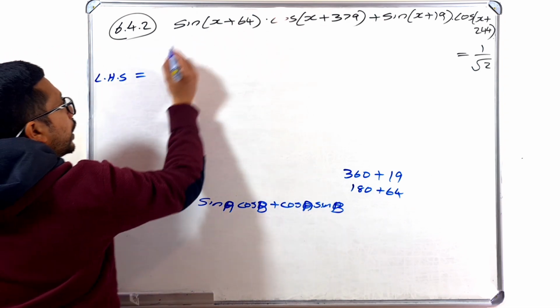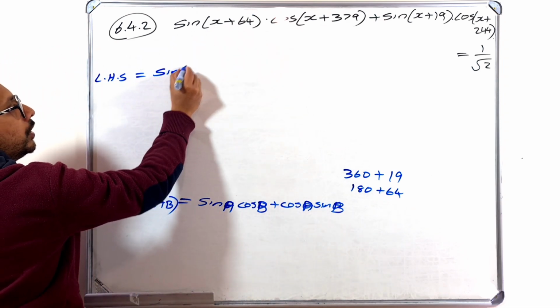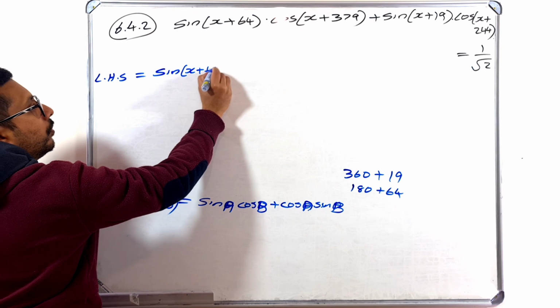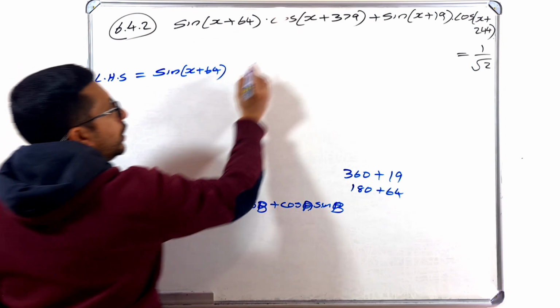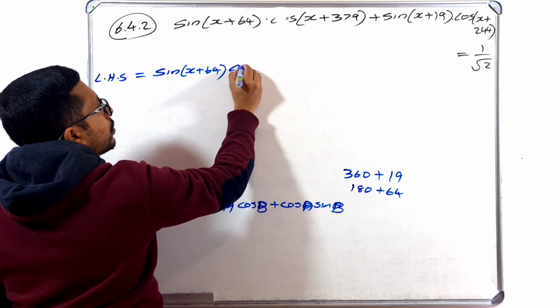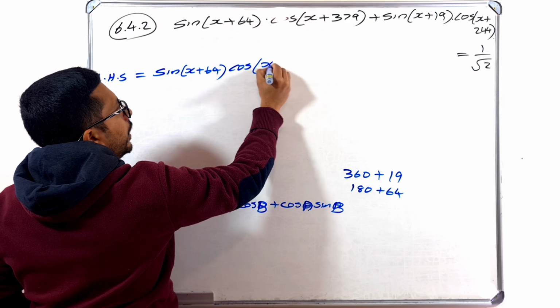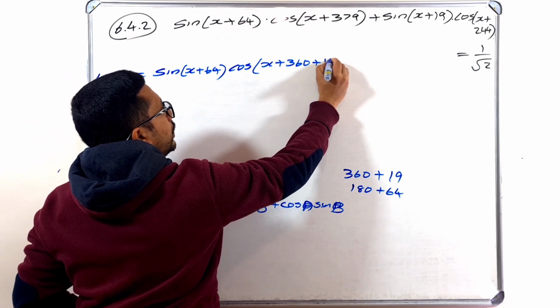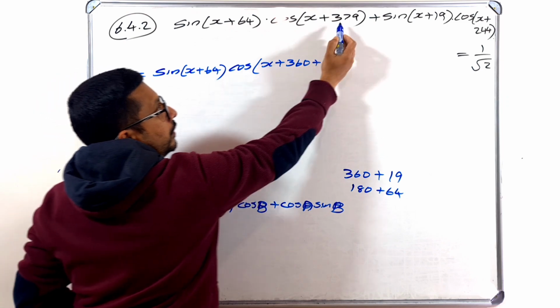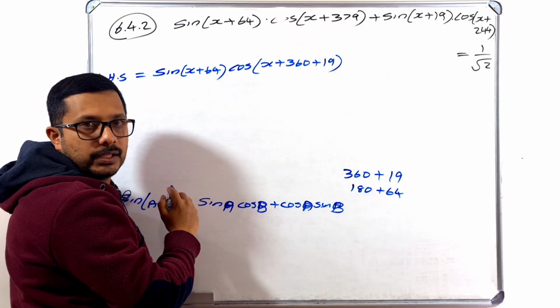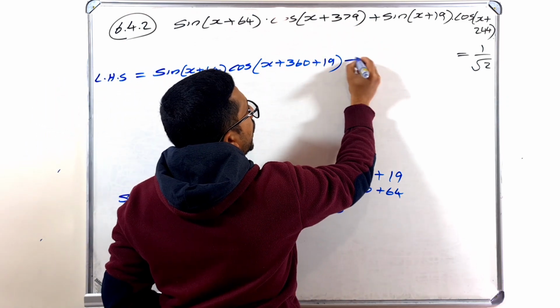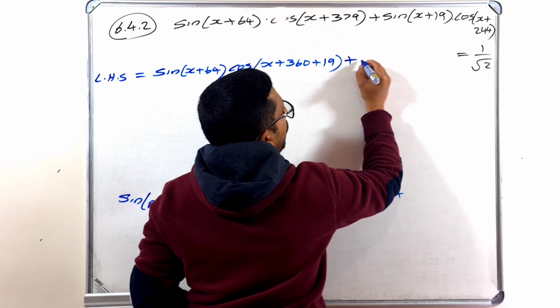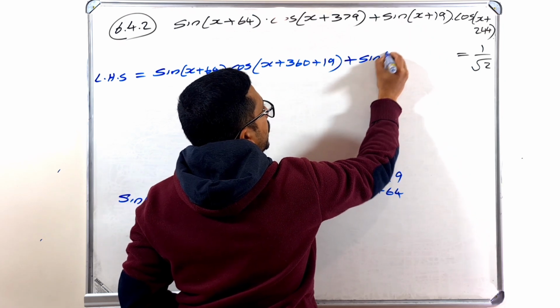So sine of x plus 64, I'm not going to touch that one. Then this one, cos of x plus 360 plus 19, that 379, I split it like this. Then plus sine of x plus 19, that I'm not going to touch.